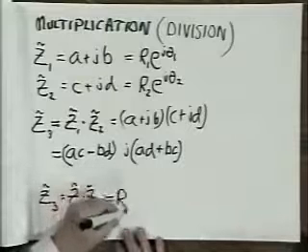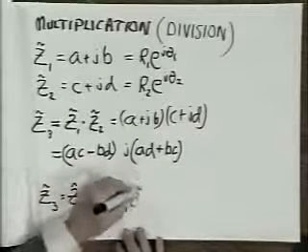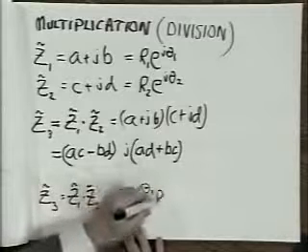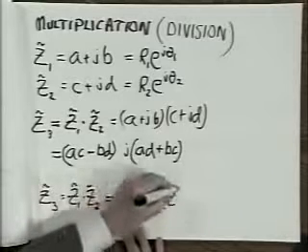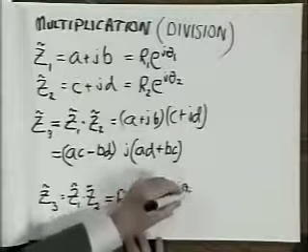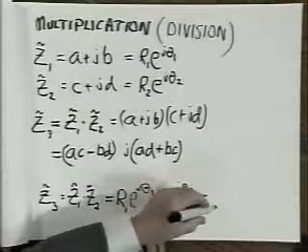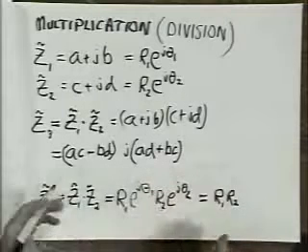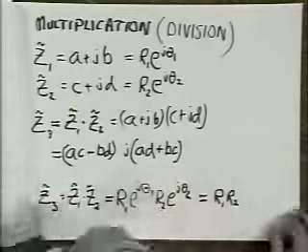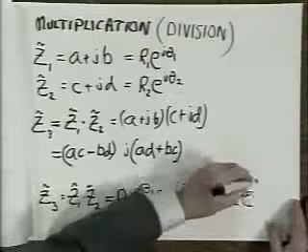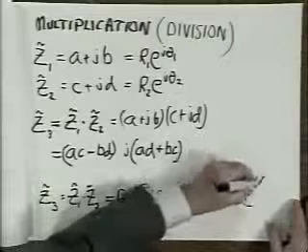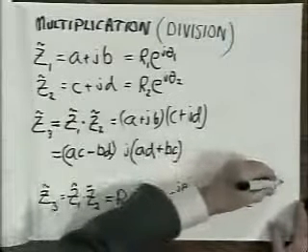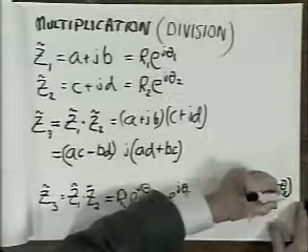It's r1 e to the j theta 1 times r2 e to the j theta 2, which I can represent as r1 r2. The magnitude of the product is the product of the magnitudes, and the angle of the product is the sum of the angles, theta 1 plus theta 2.